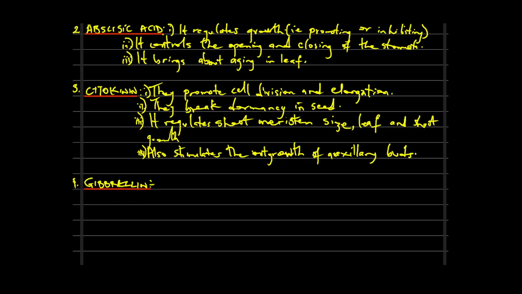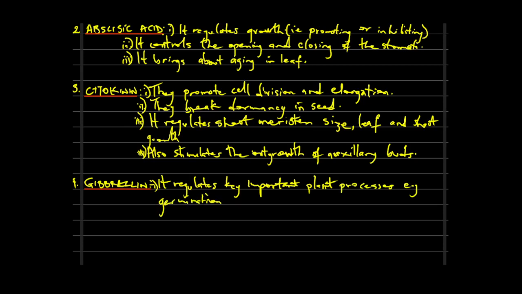Functions of gibberellin. Number 1 is that it regulates key processes of agricultural importance. Example, seed germination. That is one important process that this particular hormone, gibberellin, functions for.